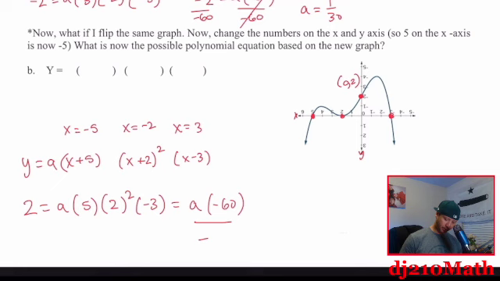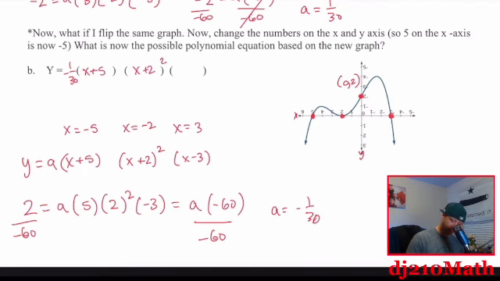And then dividing both sides by negative 60, a is equal to negative 1/30. So negative 1/30. And then our factors, x plus 5, x plus 2 squared, x minus 3.